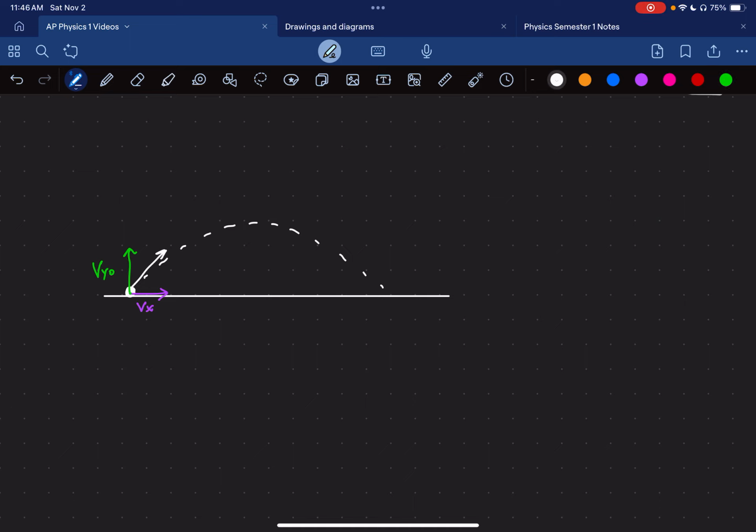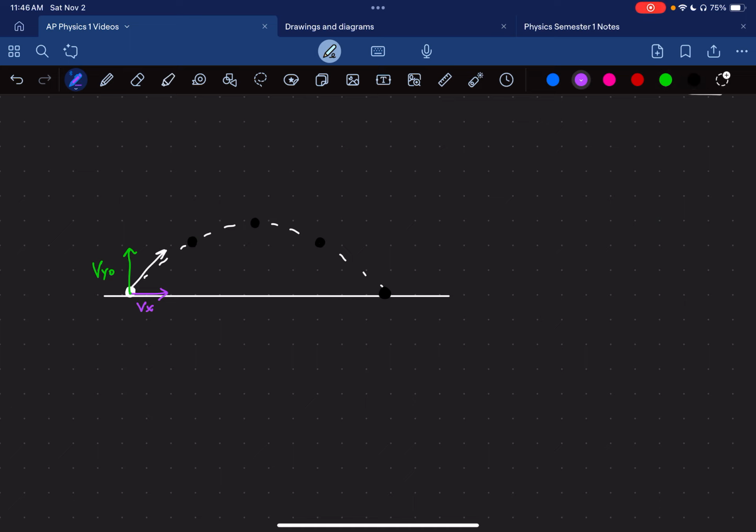Now, for some other locations in its trajectory, maybe I'll use black. Maybe here, maybe here. So these are just points where the object will be in its trajectory. Let's note one thing here.